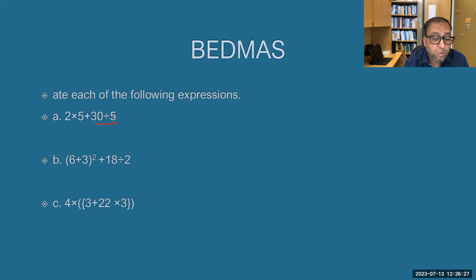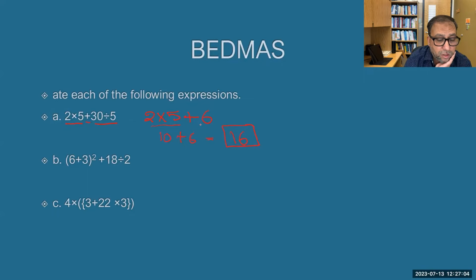According to BEDMAS, we do division first, then multiplication, and then subtraction. So the first thing is we divide 30 by 5, and we get 6. Then in order, we do the next operation, which gives 10. And then we do the addition. So 16 is the answer for our first expression.